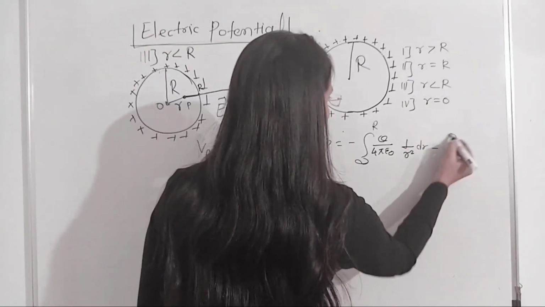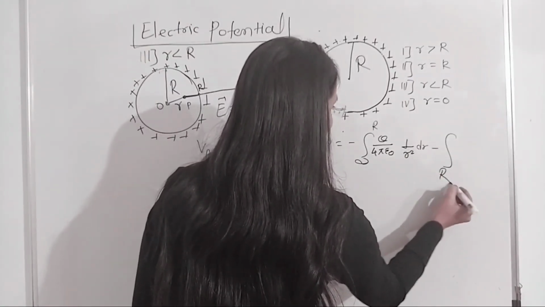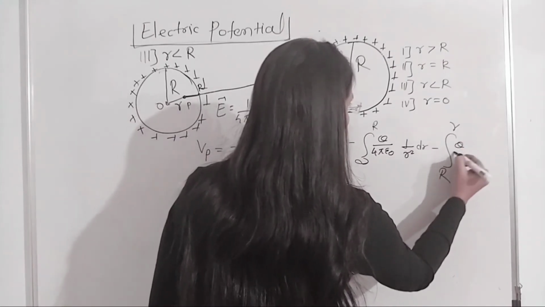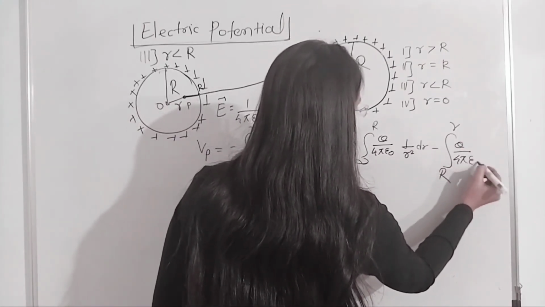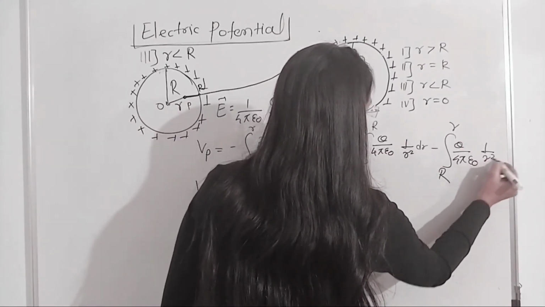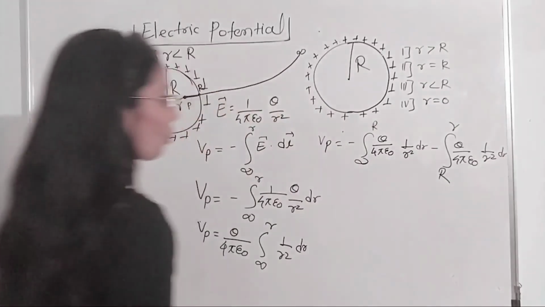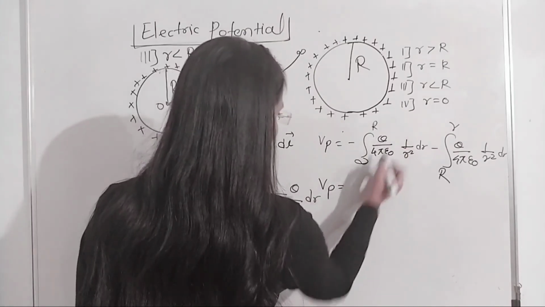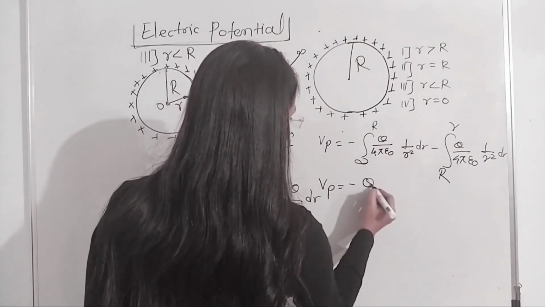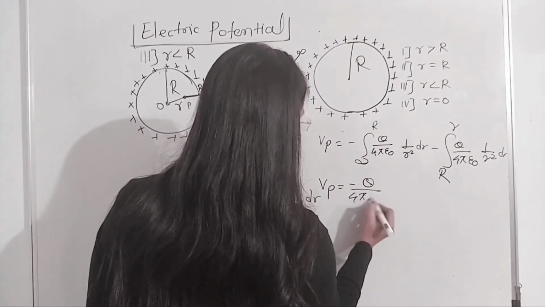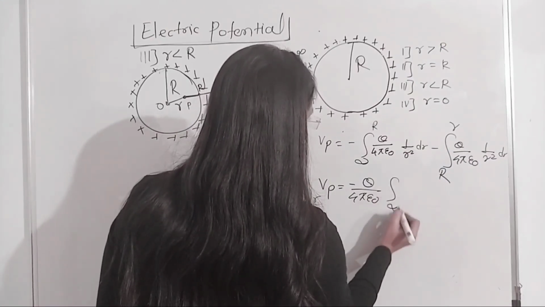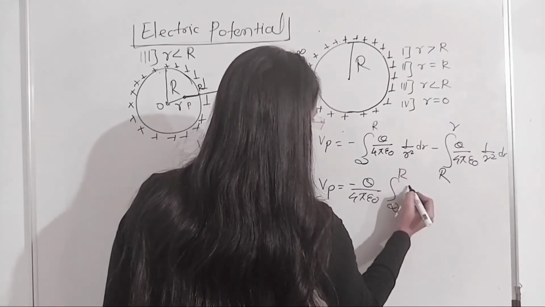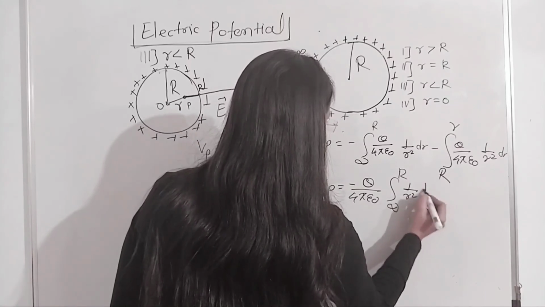So minus integral capital R to small r of Q by 4 pi epsilon naught 1 by R square dr. Here we take the constant term outside, that is minus Q by 4 pi epsilon naught, integral infinity to R of 1 by R square dr.